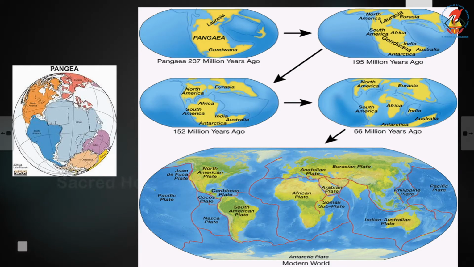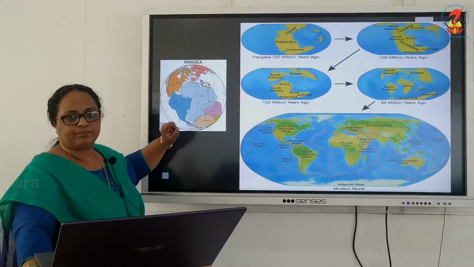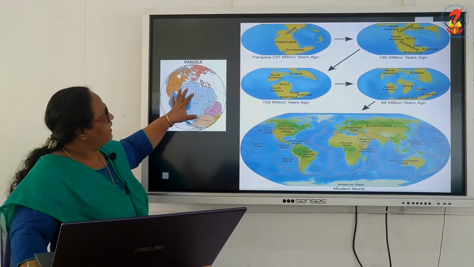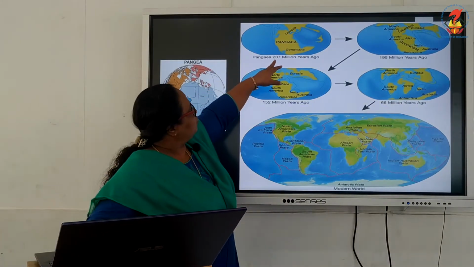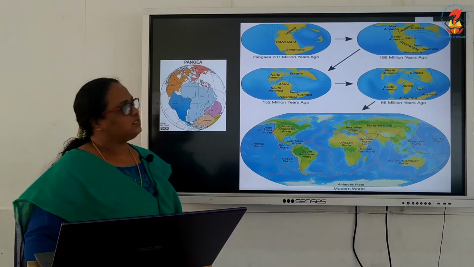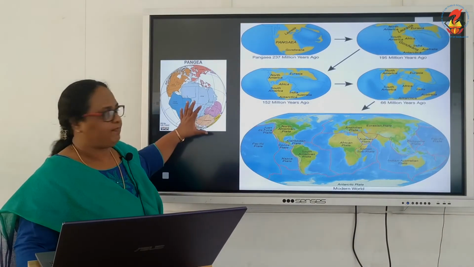We are all aware that earlier we had only one solid mass of the earth, called Pangea. You can see that around 237 million years ago there was only Pangea.